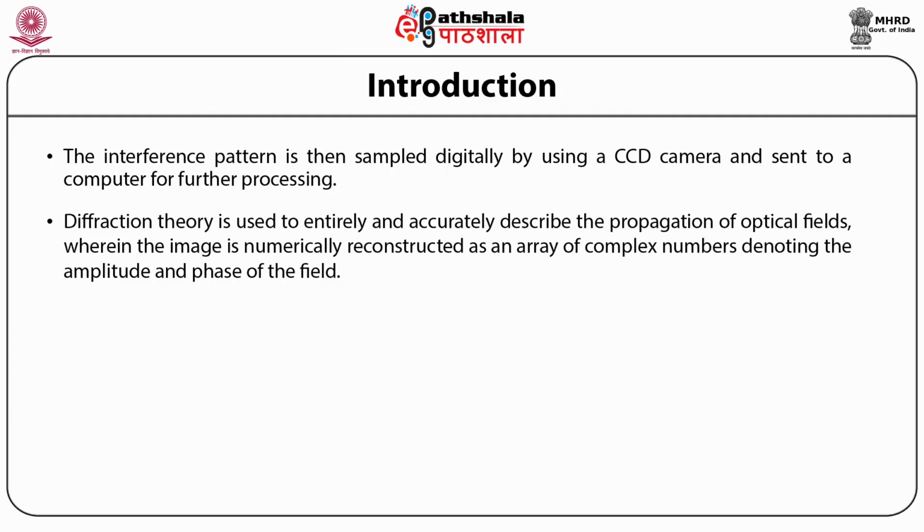Diffraction theory is used to entirely and accurately describe the propagation of optical fields, wherein the image is numerically reconstructed as an array of complex numbers denoting the amplitude and the phase of the field.